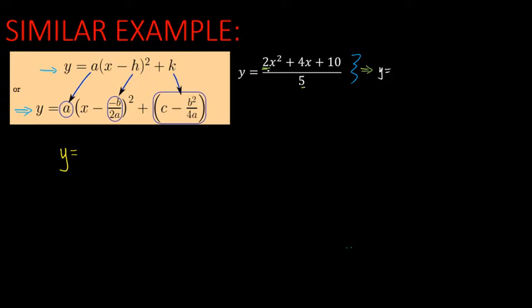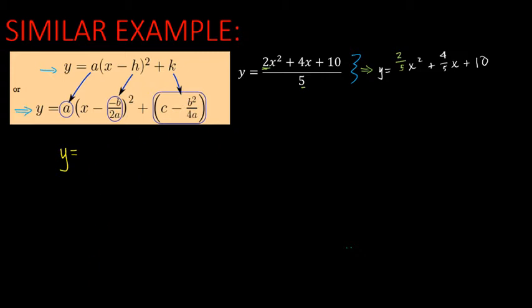Rather than having everything over 5, I'm going to rewrite this as 2/5 x squared plus 4/5 x plus 10. Notice that this is an equivalent statement. I've just broken up my terms into individual pieces rather than having everything over a denominator, and that's going to stop me from making that mistake. So A is going to be 2/5.